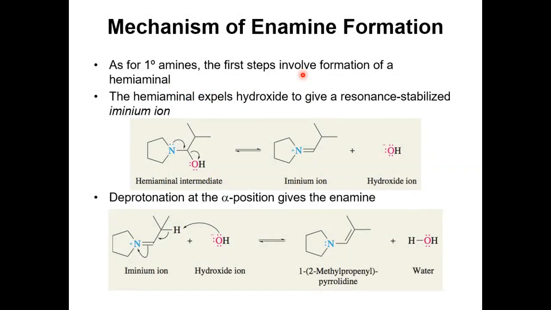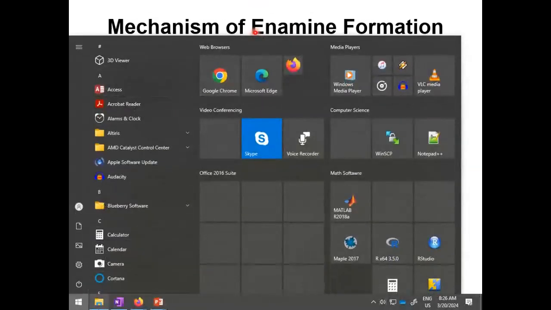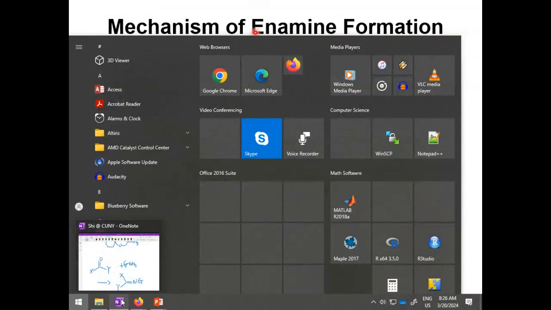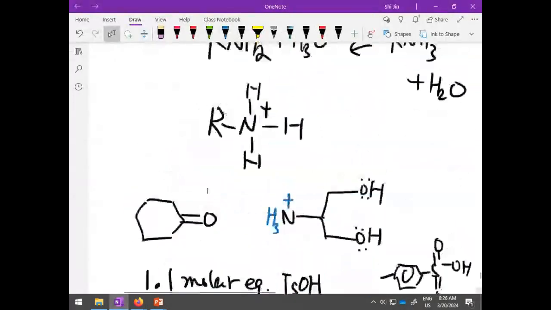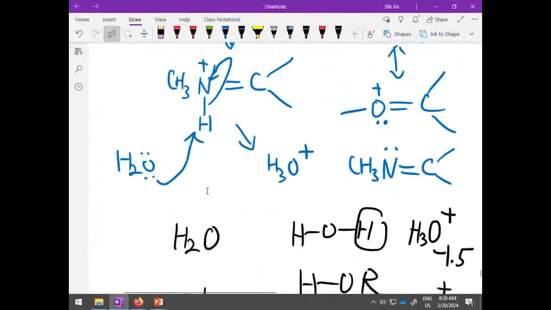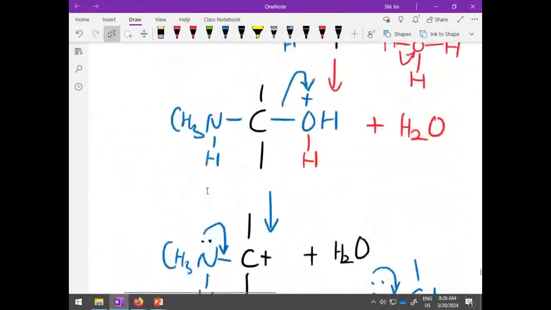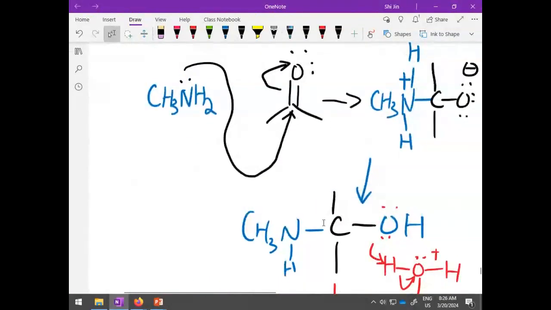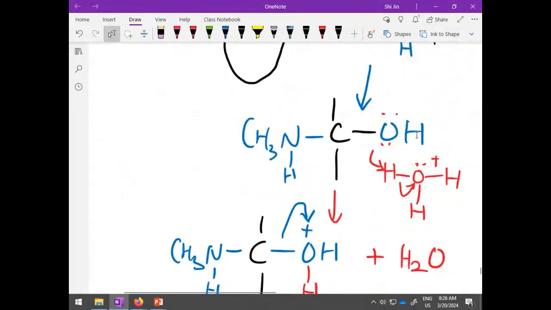But for the elimination part, I already showed you a mechanism if the reaction happens in a weakly acidic environment. How does the reaction happen? In a weakly acidic environment, the OH group of the nucleophilic addition product will be protonated by hydronium ion.